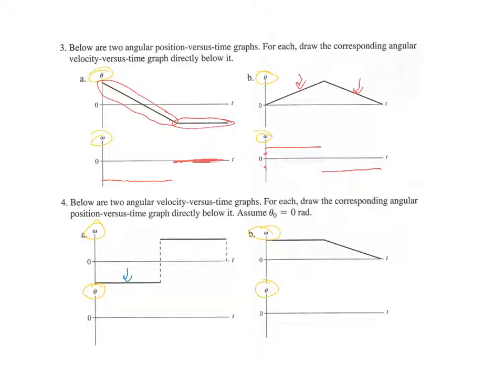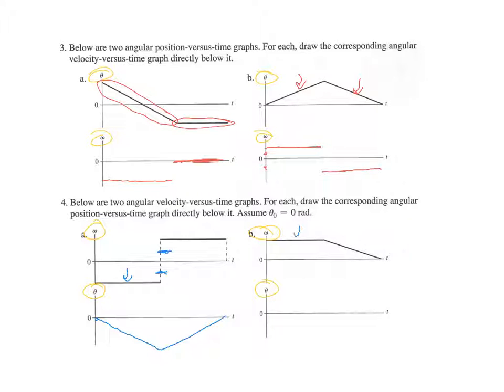This line is negative, so I need a negative slope. Doesn't really matter where we start, but I could start at the 0 and have a line with a negative slope. Now this distance and this distance are the same, so I need a positive slope of the same magnitude, so I'm going to bring it back up like that.